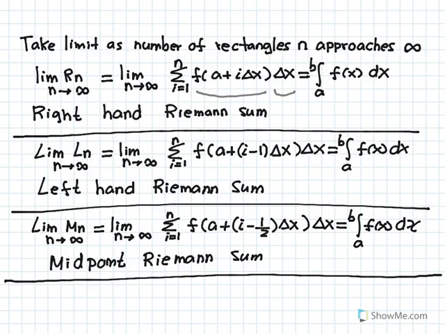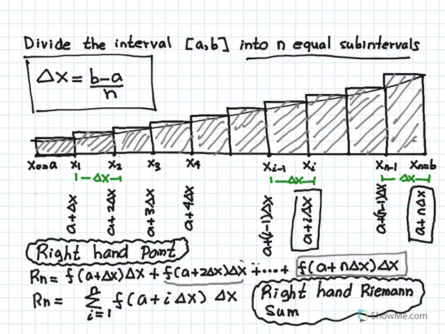The left-hand rule is that on every interval, we choose the left endpoint. So it's going to be f of (a plus (i minus 1) delta x) times delta x. That's the left-hand Riemann sum. Let's go back to the diagram and show that. I'll color it in a different color, let's say red. All right, so the left Riemann sum is going to be like that. In this interval, we choose a left-hand point.